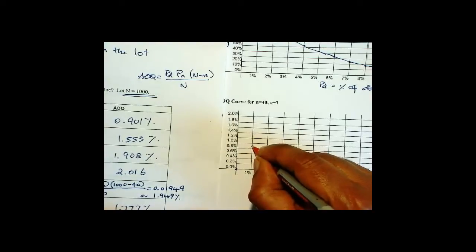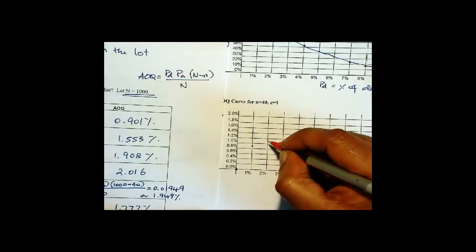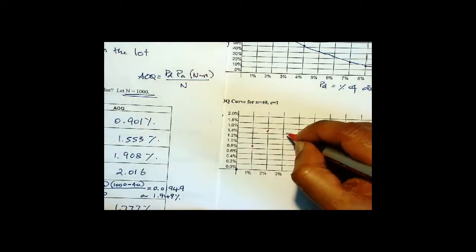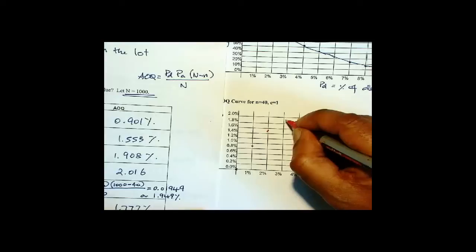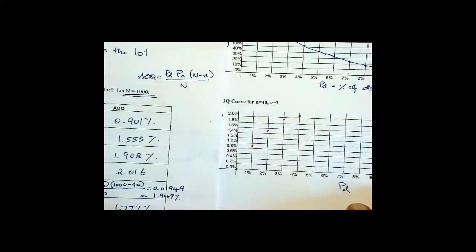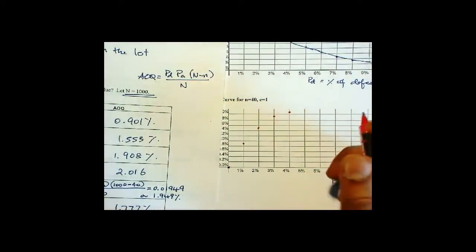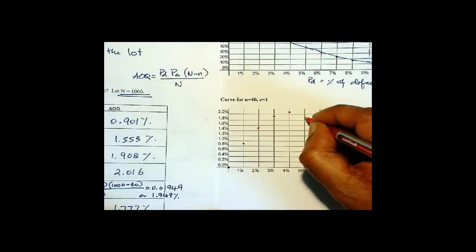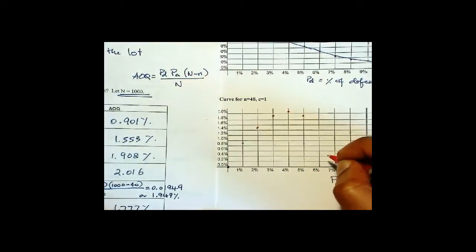For 2% it is 1.553. 3% is 1.908. For 4% it's 2.016. And then for 5% it is 1.949, and you can see that it starts to decline from this point onwards.